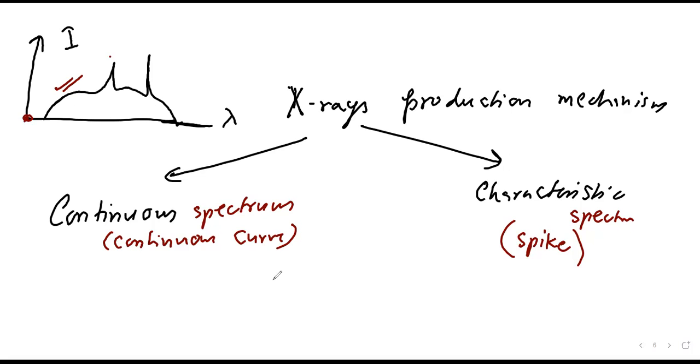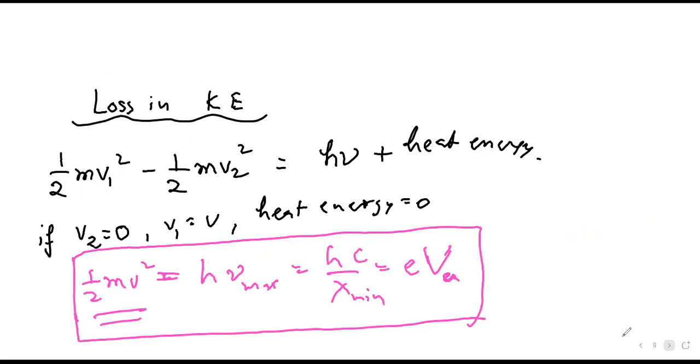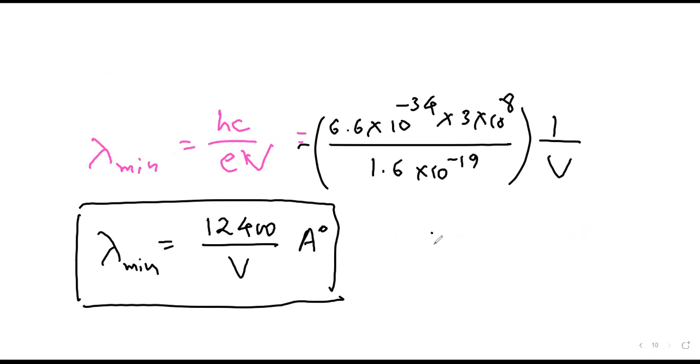These continuous X-rays are also known as white X-rays, as I have seen in many books. The wavelength of these X-rays depends only on the applied potential, and it doesn't depend upon the atomic number or the target material. It depends only on the anode potential.